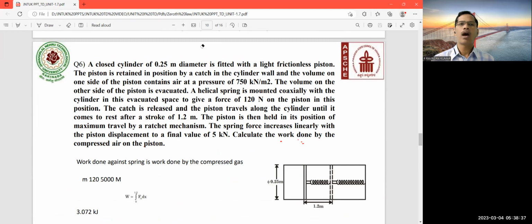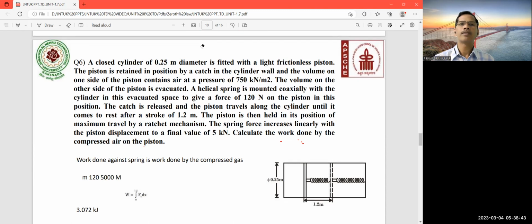The volume on the other side of the piston is evacuated. A helical spring is mounted coaxially with the cylinder in this evacuated space, to give a force of 120 Newton on the piston in this position.